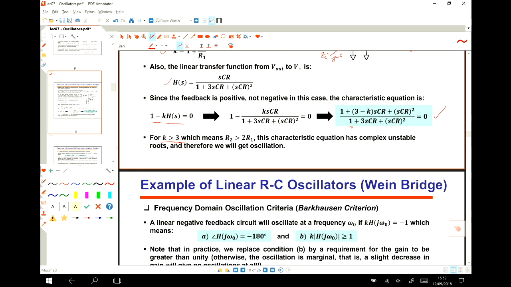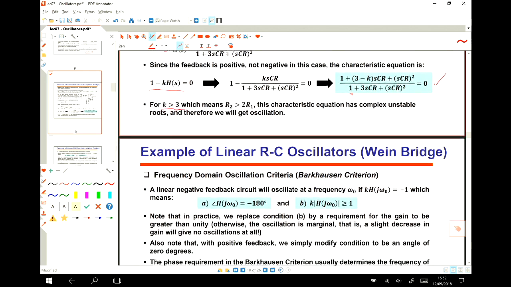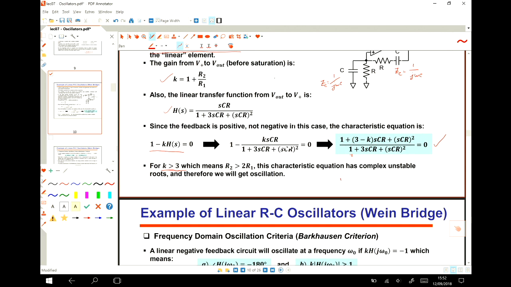So if I want to write down this, then okay, you had that this k equals to 1 plus r2 divided by r1, okay?